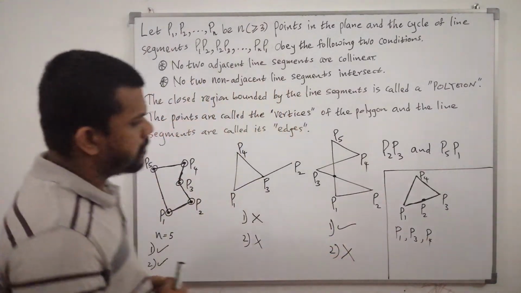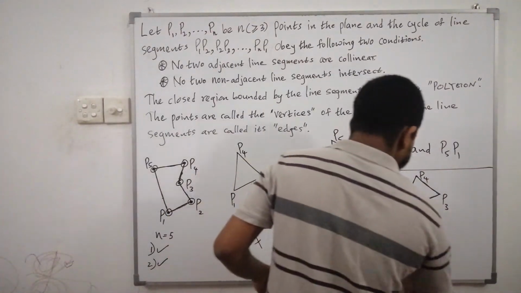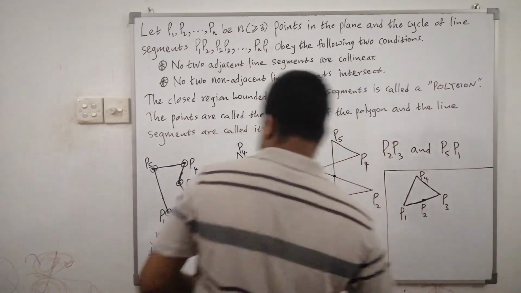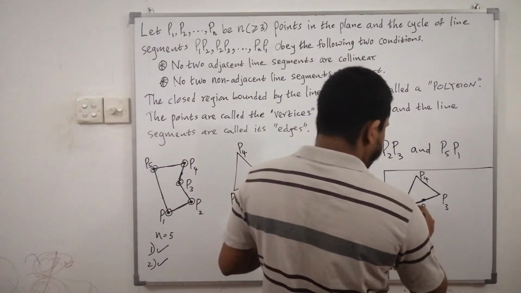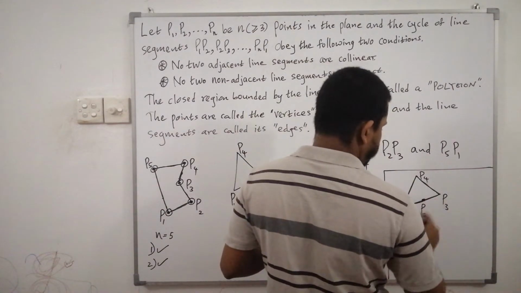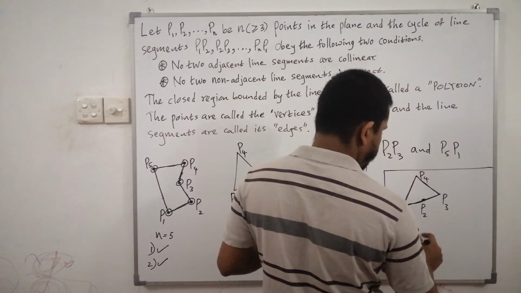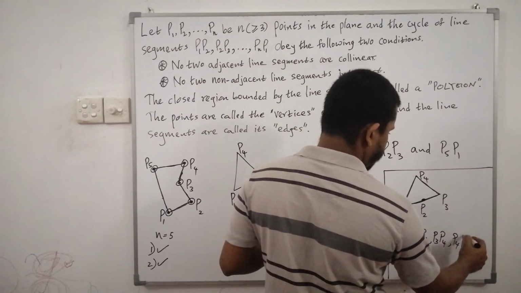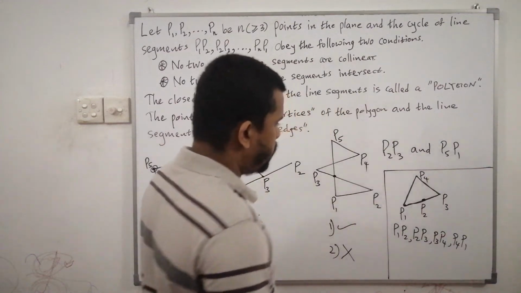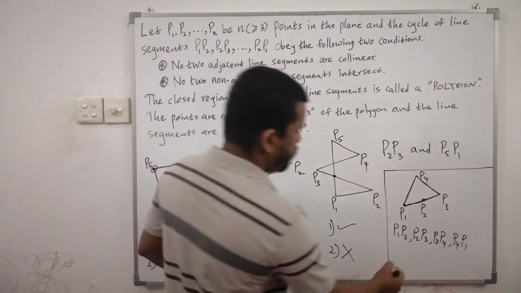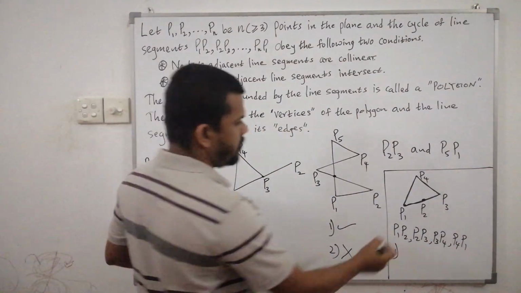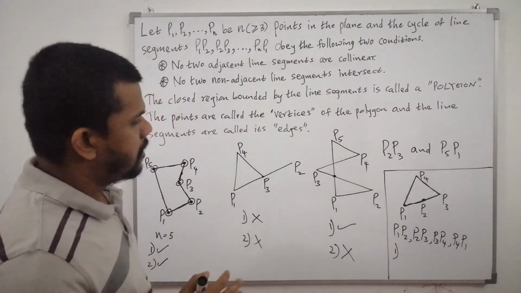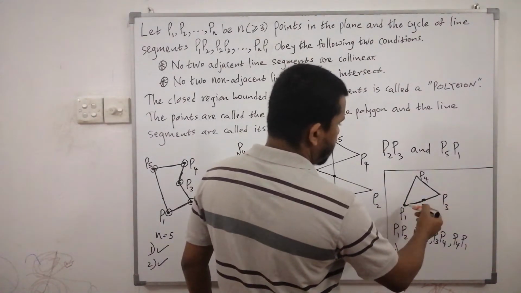Okay, but if you consider these line segments P1P2, P2P3, P3P4, P4P1, and you look at the first condition, P1P2 and P2P3 are two adjacent line segments, and they are collinear.